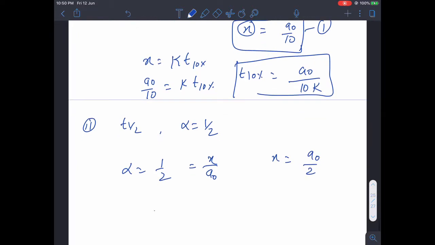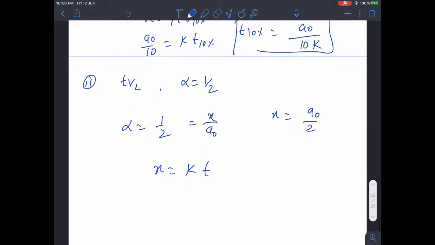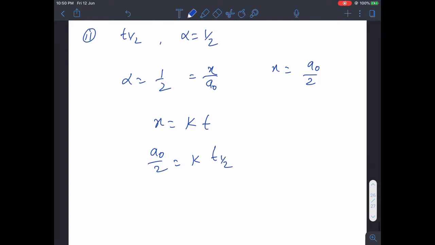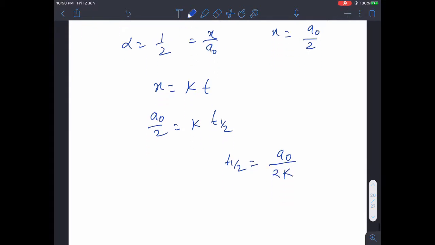In that case, once again you apply the same equation, x is equal to k into t. If x is becoming A naught by 2, our time is basically T half. So, from here the value of T half we got is A naught upon 2k. Now, mind one thing, this T half value is depending on A naught, the initial concentration.